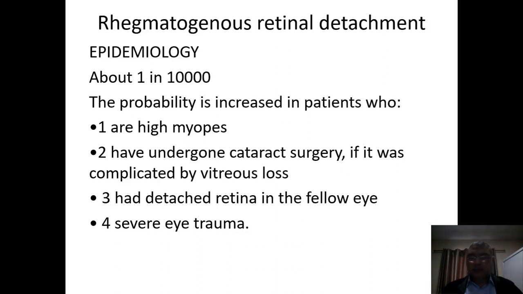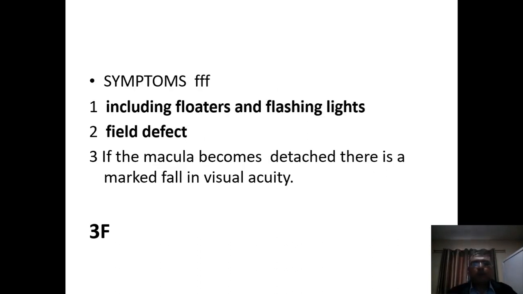Symptoms of rhegmatogenous retinal detachment include floaters, flashing, and visual field defect. If the detachment involves the macula, the central visual acuity will markedly drop. So floaters, flashes, and field defect, 3F, are the symptoms of rhegmatogenous retinal detachment.